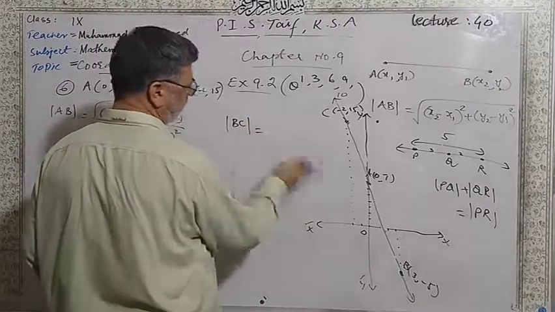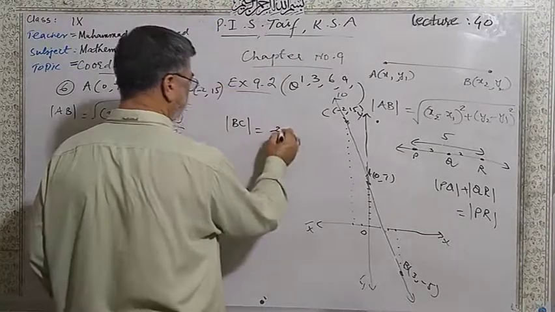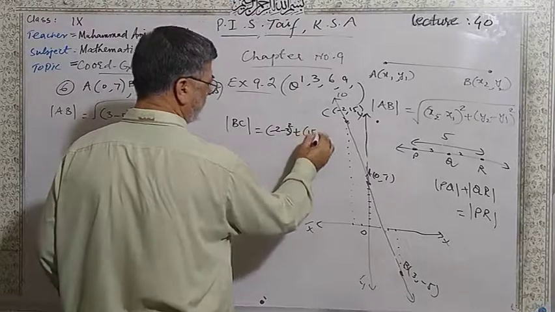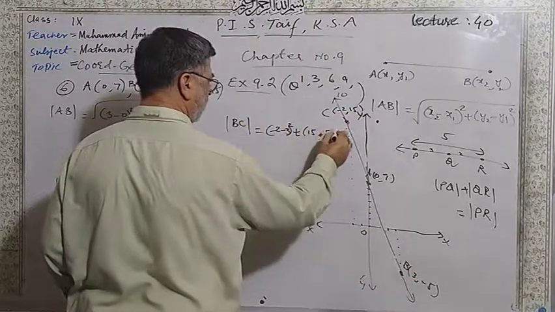After that we have BC. What about BC? The square root of (-2 minus 3) whole square plus (15 plus 5) whole square.